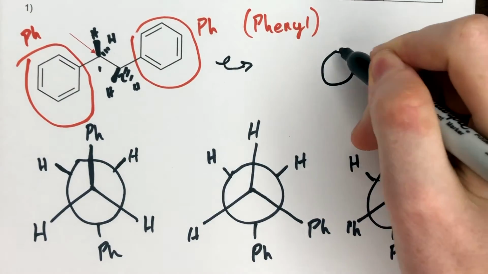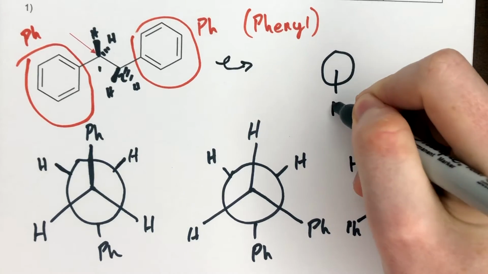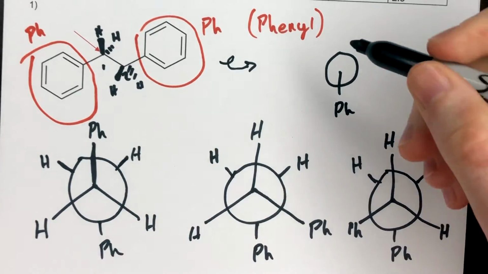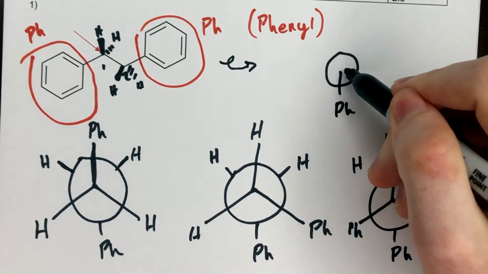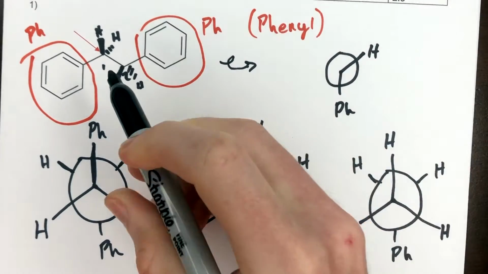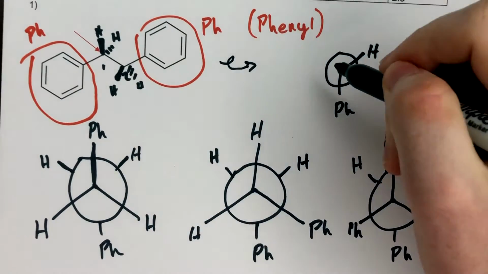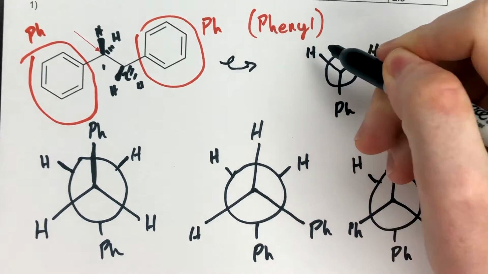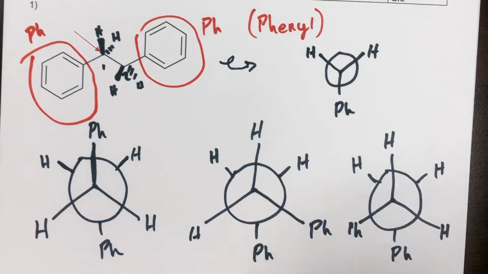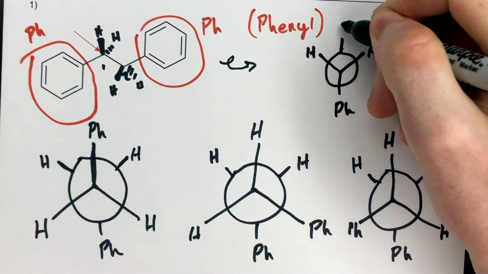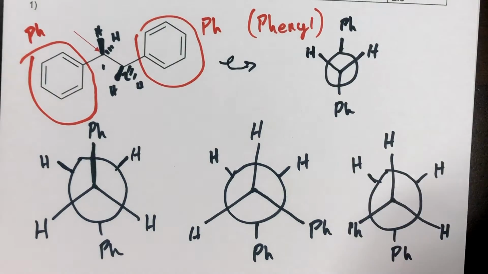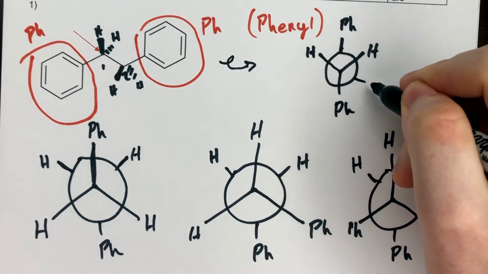So we draw our circle again. The phenyl becomes down at the front carbon now, and then this hydrogen that's out of the plane goes to the right and up, and this hydrogen that's in the plane goes left and up. That puts the other phenyl up, that's in the back. This hydrogen is now here.